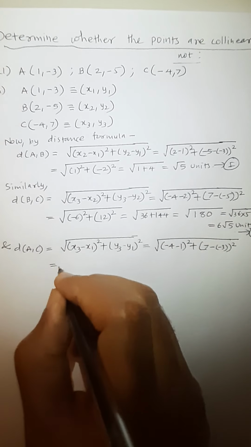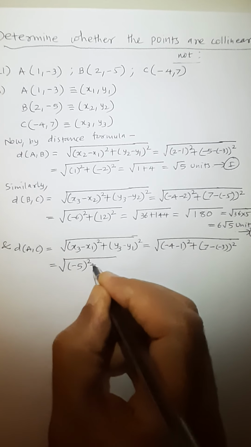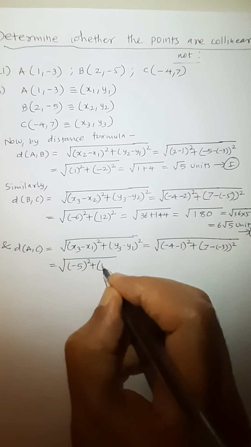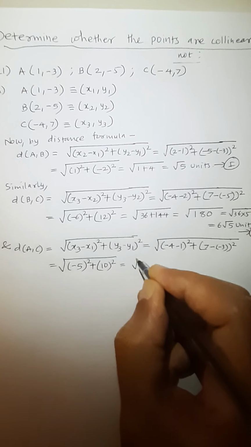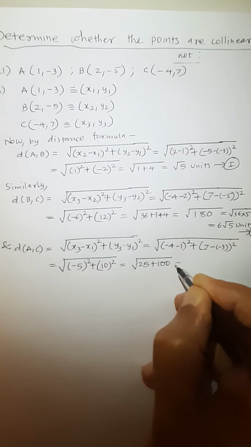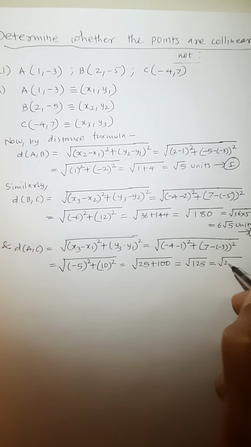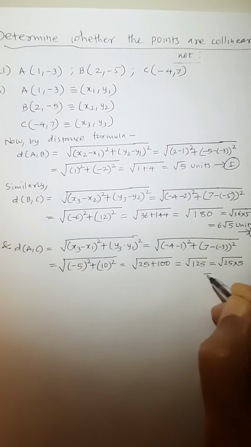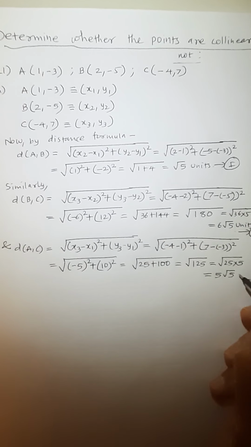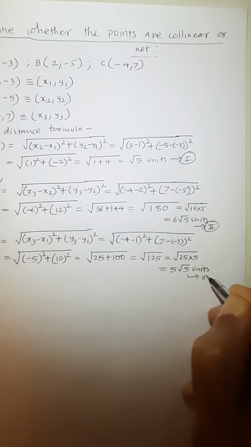Minus 4 minus 1 is minus 5 squared plus 7 plus 3, that is 10 squared. Square of a negative number is positive, so 25 plus 100 is 125, which we can split as 25 times 5, so 5 root 5 units. This is our third result.